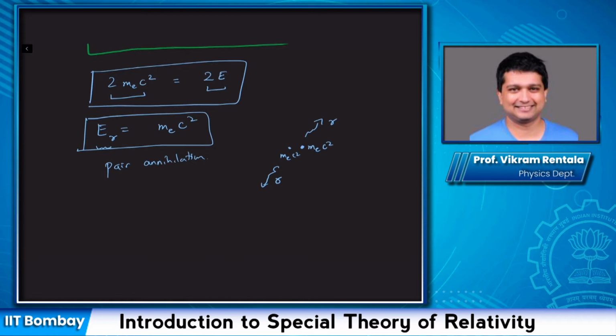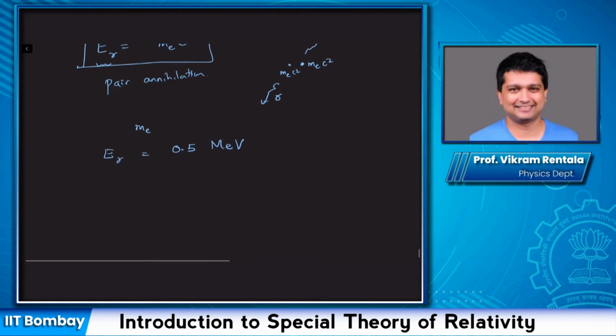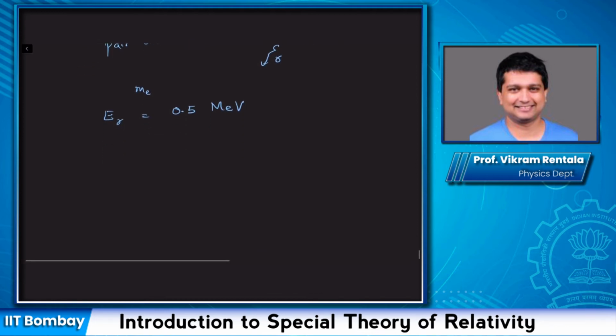So you would find, if you plug in the mass of the electron, that the energy of each photon would be 0.5 mega electron volts. That is 10 to the 6 electron volts. Now, you could ask, well, how much energy is this in common units like joules? If I convert this to joules, this would be about 0.8 times 10 to the minus 13 joules.